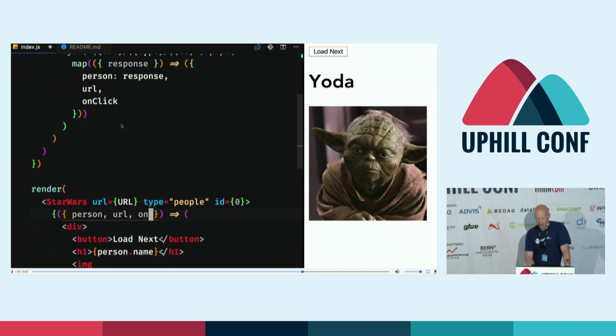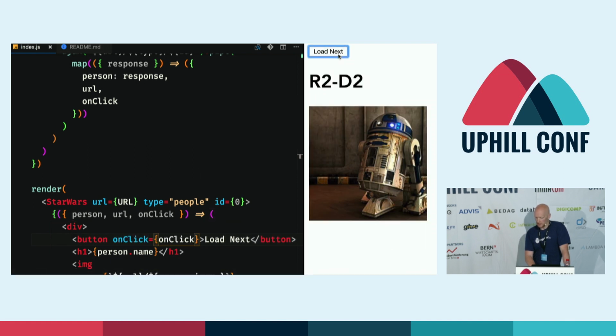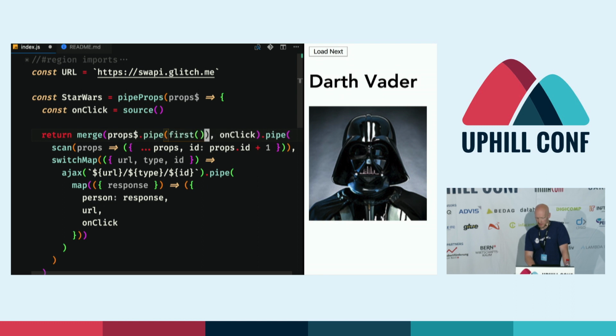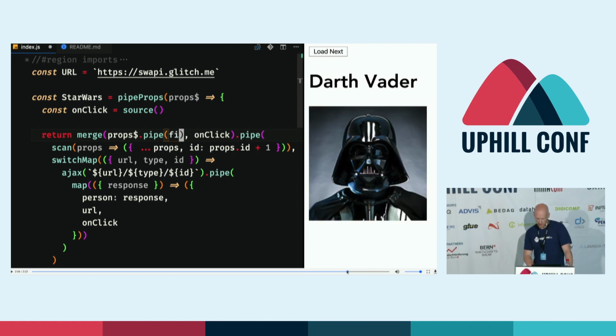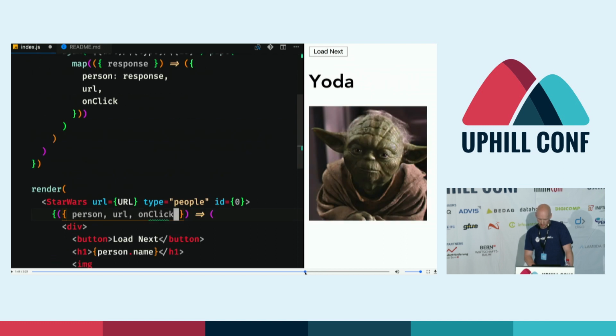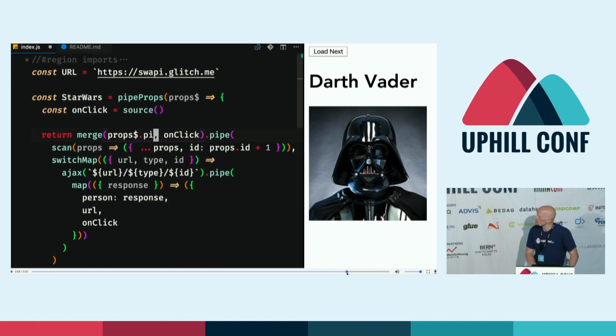And now, when I add that handler to the button and I start clicking, it's requesting the other data. Now, this actually puts us in an interesting scenario right here. Because our props, finding videos or finding the right frame of a video is a challenging thing in the video player.